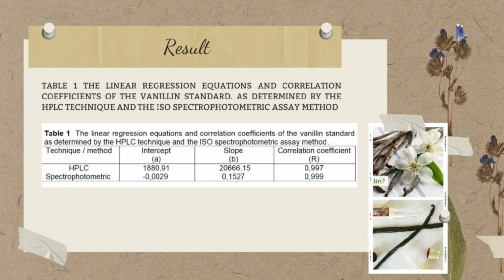There are intercept A, slope B, correlation coefficient R. As we can see, intercept A for HPLC and spectrophotometric is 188091 and -00029. In slope B, 20666 and 15 01527, and correlation coefficient is 0997 and 0999.